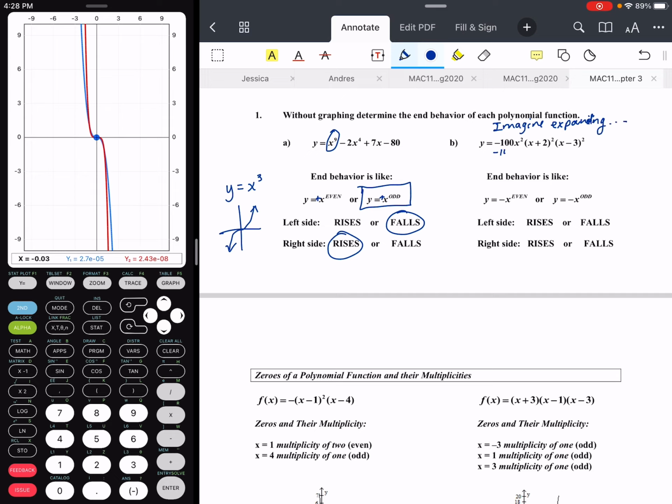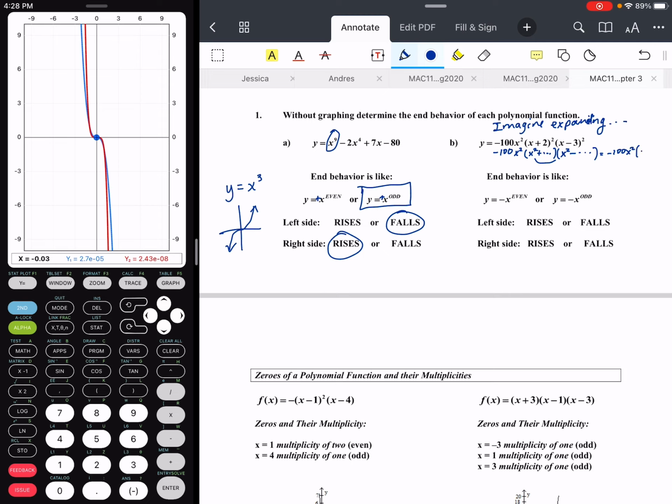So you'd have negative 100 x squared, and then when you FOIL out (x plus 2) squared, you'd have x squared plus blah, blah, blah. And then for (x minus 3) squared, you'd have x squared minus blah, blah, blah. Okay, we don't care about those final terms. We just care about the first terms. And then as you multiply these together, your first term would be x to the 4th.